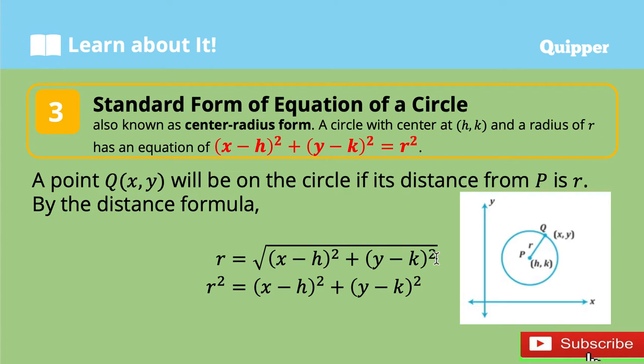Then, squaring both sides, we have r squared is equal to (x minus h) squared plus (y minus k) squared. Again, the equation of the center radius form, or the standard form, is derived from the distance formula.